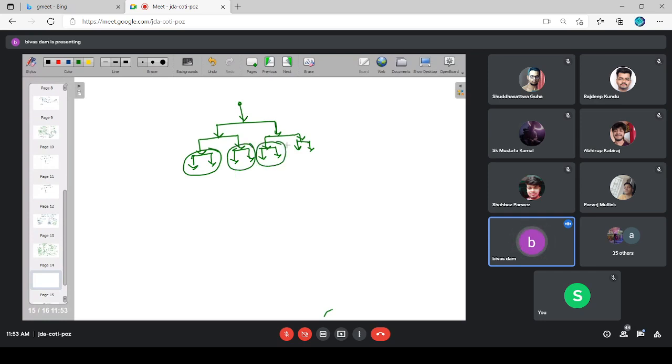Then these two outputs will be XORed. These two outputs will be XORed. Then these two outputs will be XORed. So this is the binary tree structure. So as far as possible, to minimize the propagation delay or the response time requirement, we should go for the binary structure during cascading. So keep this in mind. This will help you in your data structure class also.